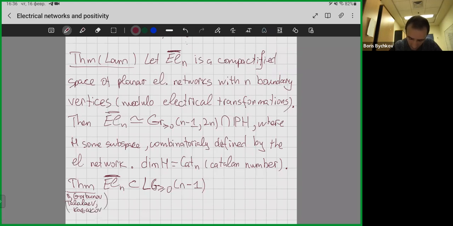It's a theorem of myself, Vasily Gorbunov, Dima Talalaev, and Anton Kazakov, that there is an embedding into the totally non-negative Lagrangian Grassmannian. We already discussed that this is just a Lagrangian Grassmannian, and the question is why we have this total non-negativity condition.